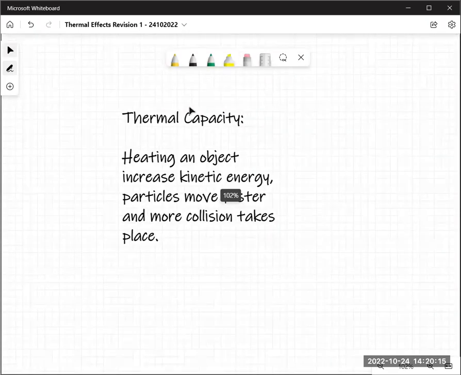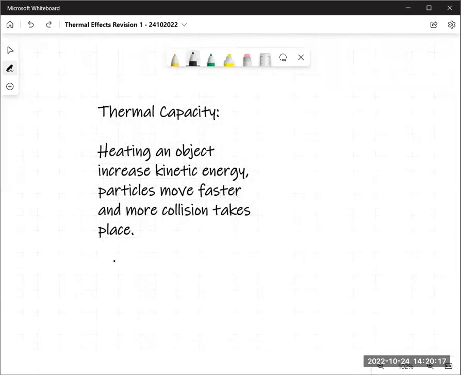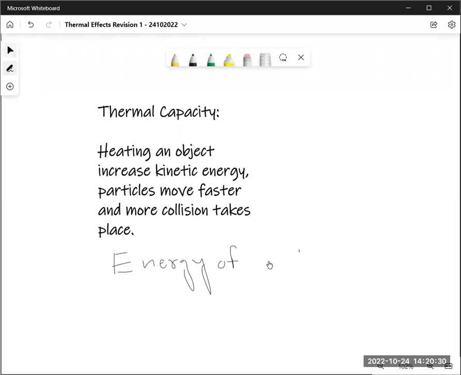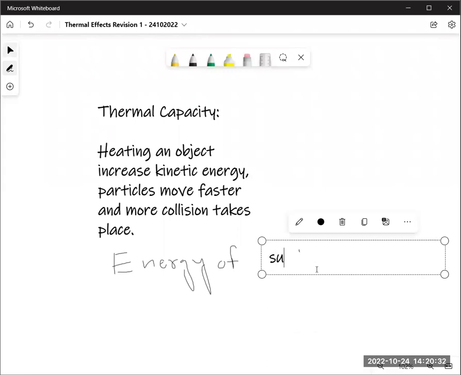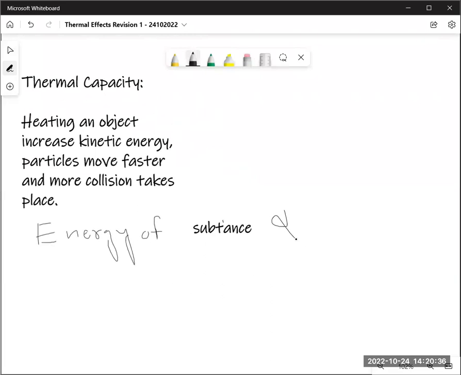So what we realize is that the energy of a substance is directly proportional to the kinetic energy of particles. Is that clear?